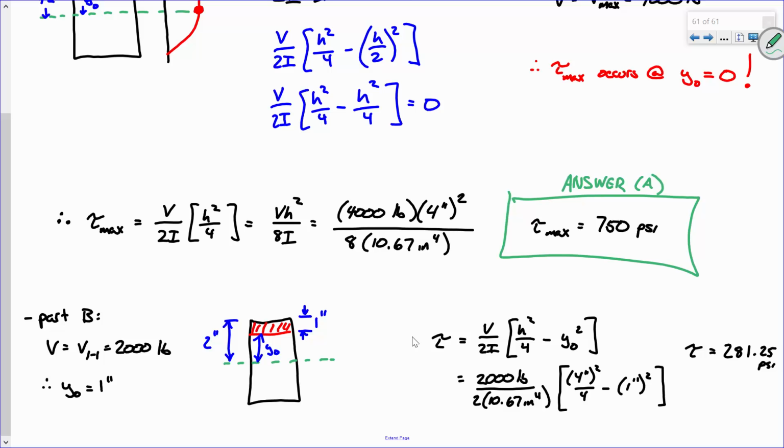We're looking at the distance from the centroid to the slice. And if this is 4 inches, that's 2 inches. If this is 2 inches coming down 1, that makes that 1. Did anybody else get this? All right.